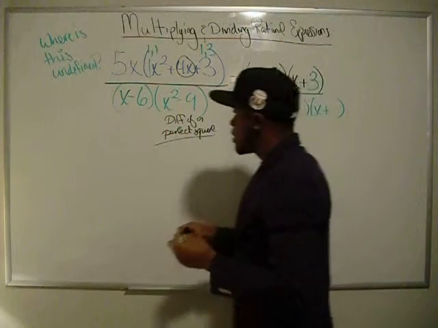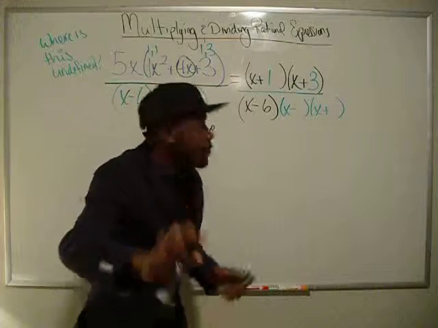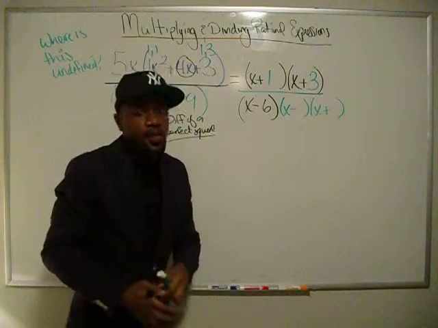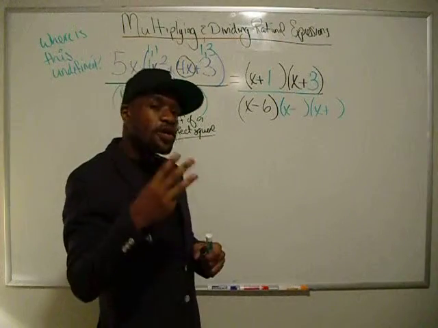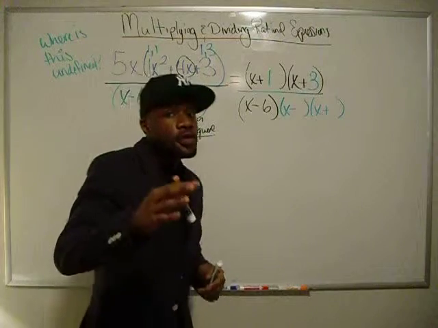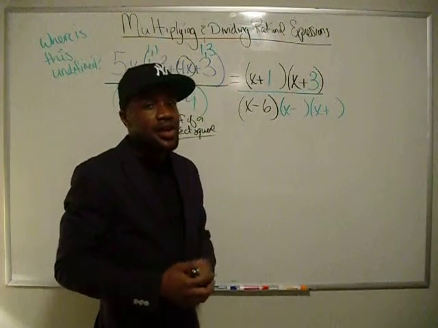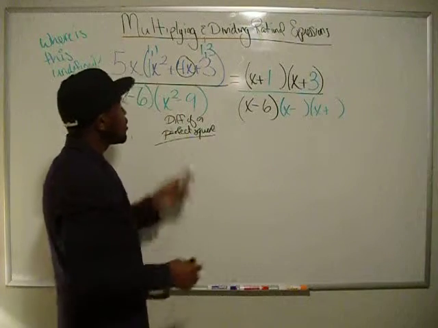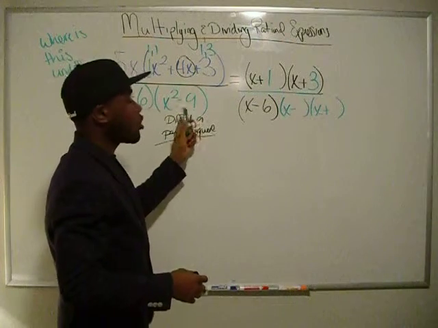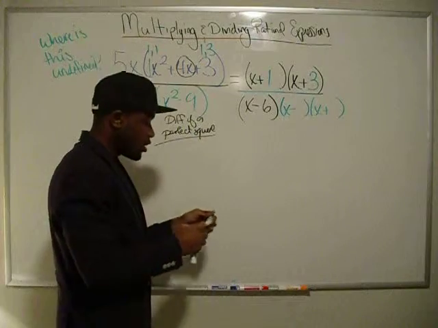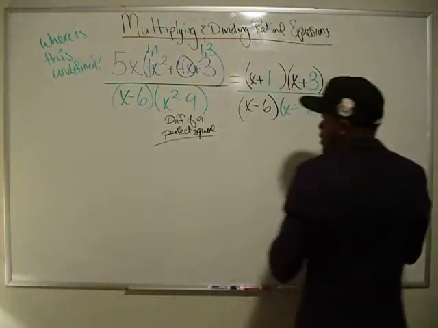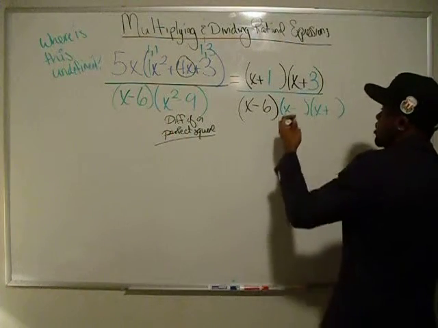In this case, 9, the square root of 9 is what? It's 3. The square of 3 is what? It's 9, right? So the difference of a perfect square means I can take the square root of this term. The square root of 9 is 3, so we get a plus 3 and a minus 3.